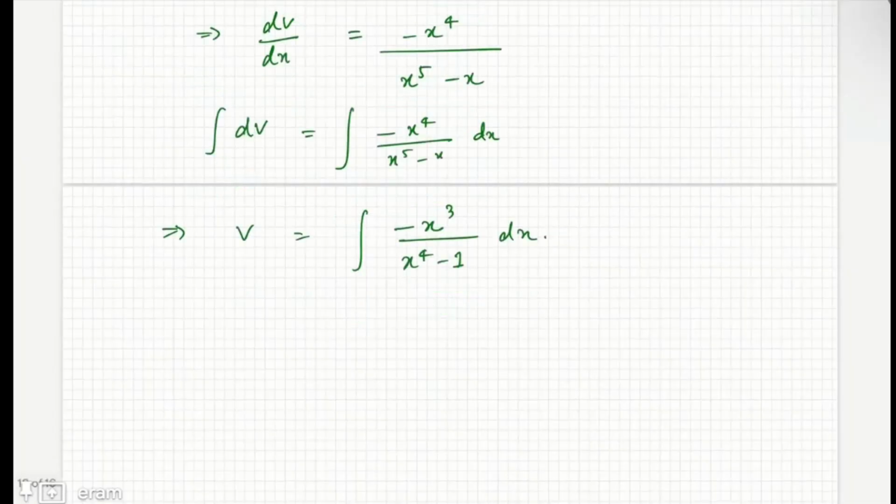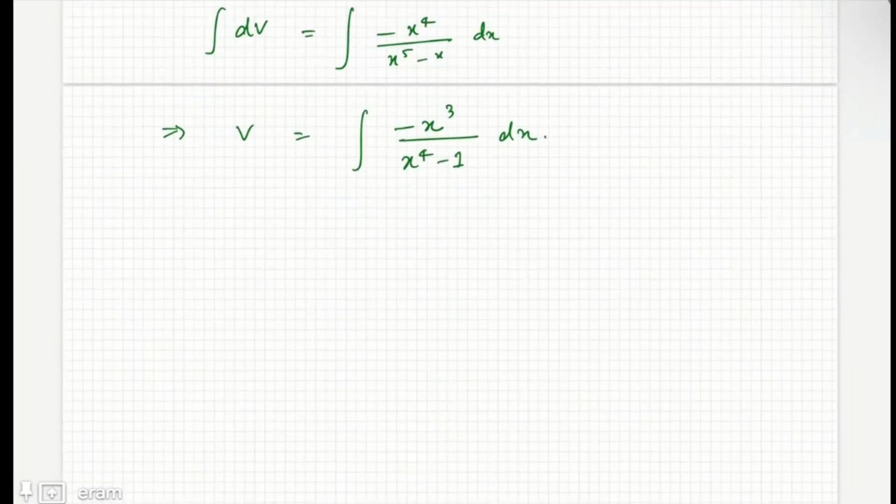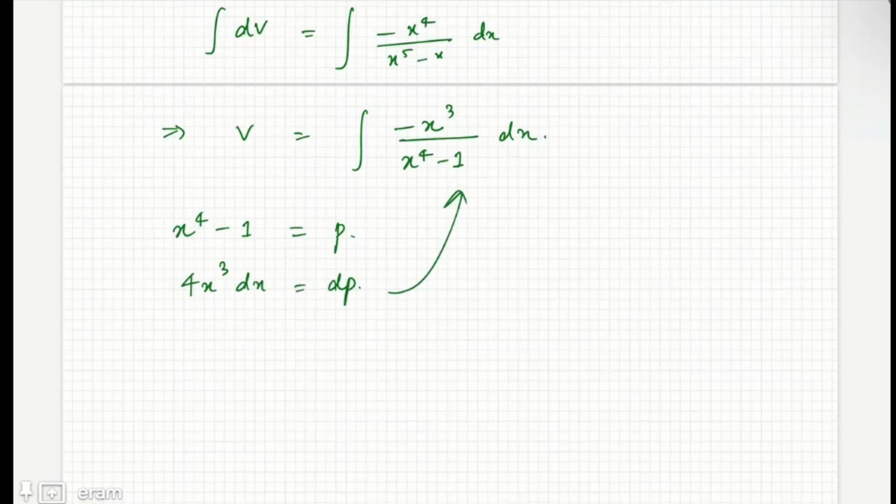Now this integral we can easily solve by considering this as some variable p, so that will give us some dp, and then we can solve it as log of p minus 1 by 4 dp.